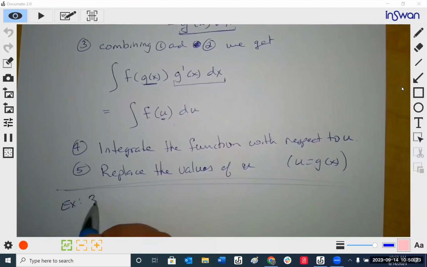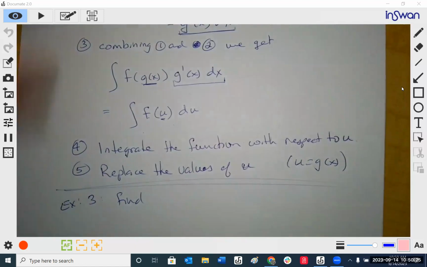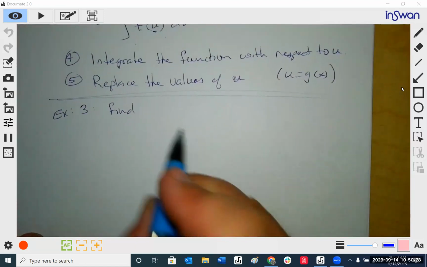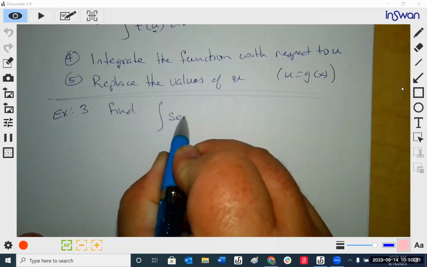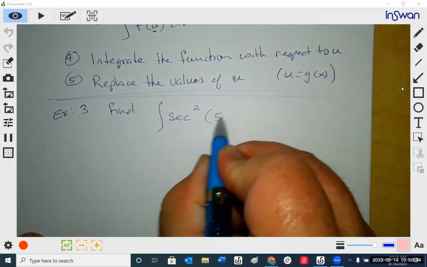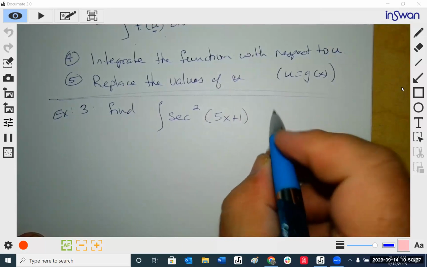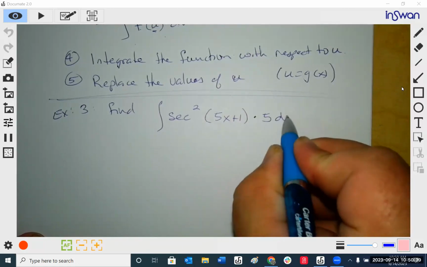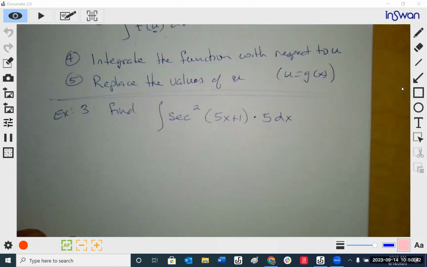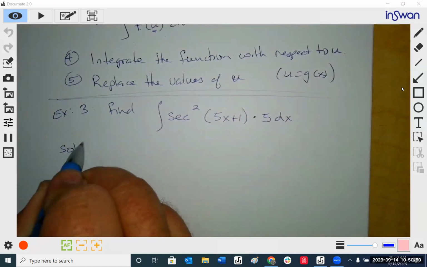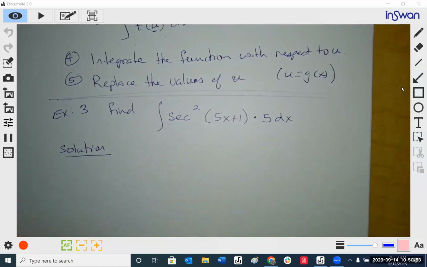Let's look at an example. The integral of secant squared of 5x plus 1 times 5 dx. Use your cheat sheets, your charts, to tell me what the integral of secant squared is.